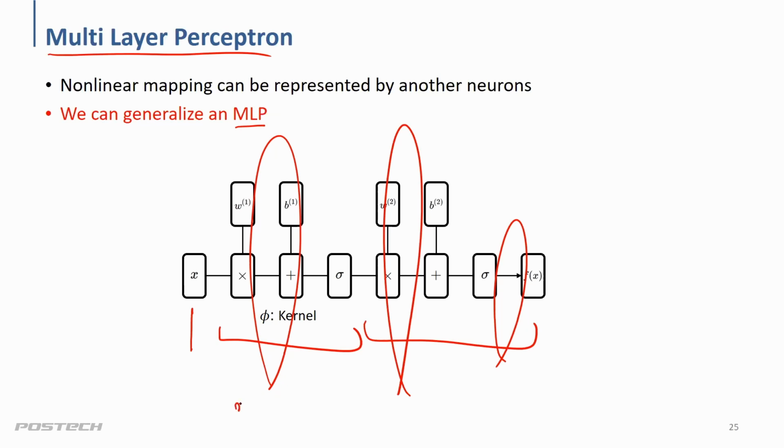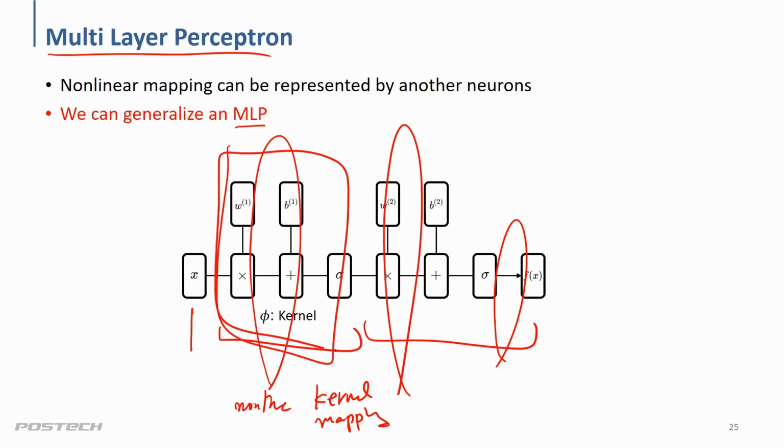This one is nonlinear, maybe kernel or mappings. Okay, so this is the second perspective that I want you to think of. The nonlinear mappings act as pre-processing of the inputs to make them linearly separable, and the later part will be acting as classifiers.